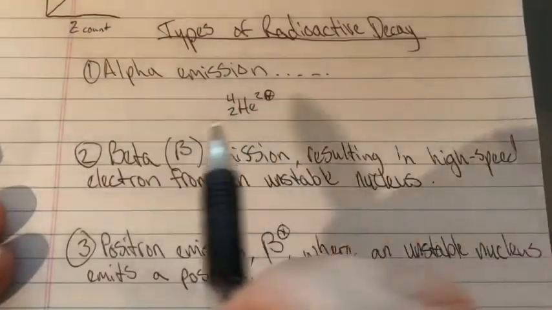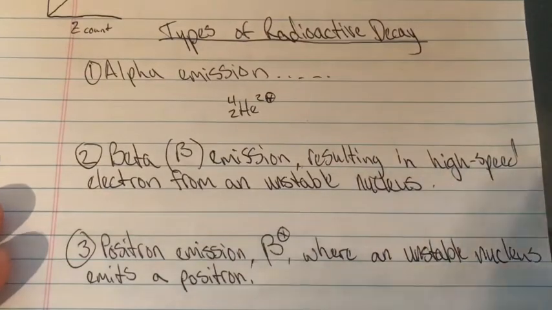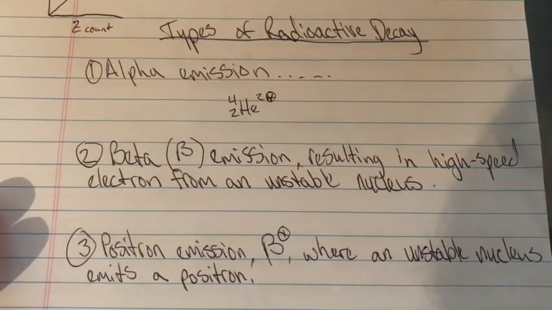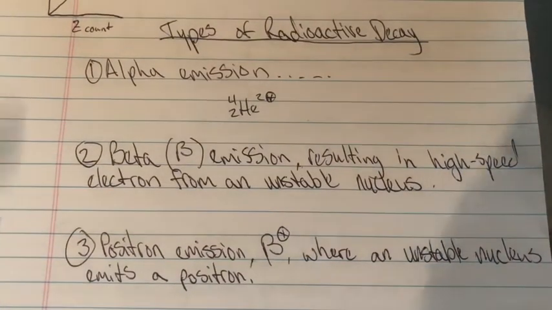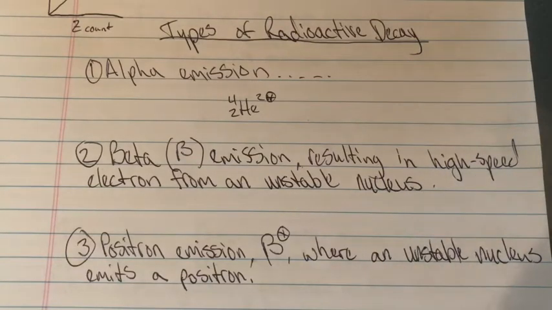Then beta emission, which results in a high-speed electron coming off an unstable nucleus. So you can think of maybe a neutron splitting, and then that negative charge goes away, and there's a positive charge as a result that's resting there.